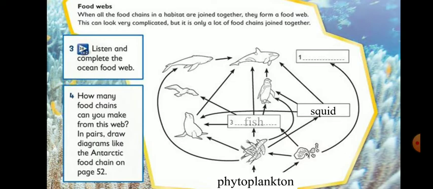And we have in the middle fish, that you can see here by this line over here. This line tells you that the seals eat fish, and also the penguins eat fish. The killer whale eats the penguins. And finally, we have the blue whale here, that completes the food web.